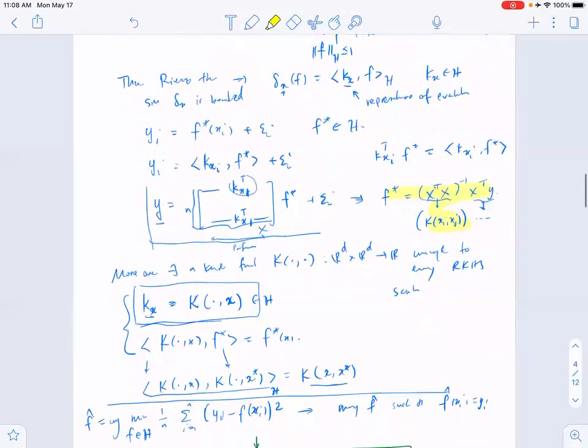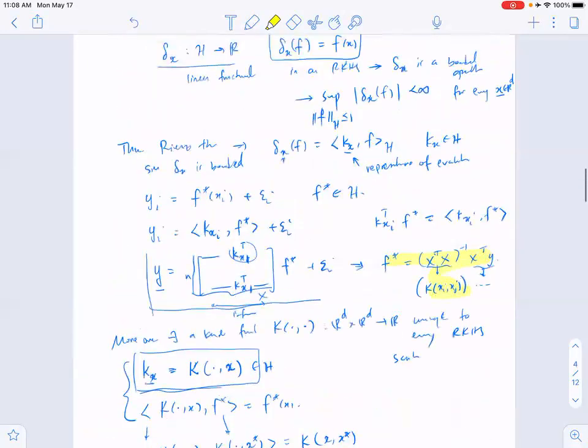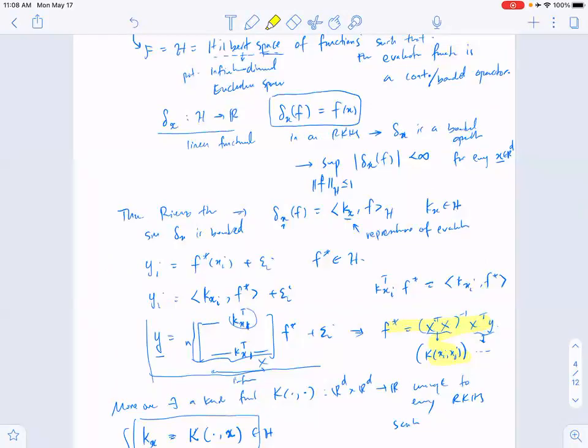The general idea was that you could write the function evaluations as basically inner products of certain functions in the RKHS with f itself. And so the problem looks as if you're dealing with a linear regression. It's not linear, but it behaves like linear regression.